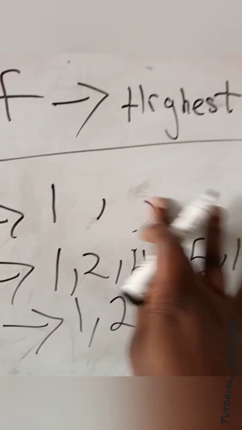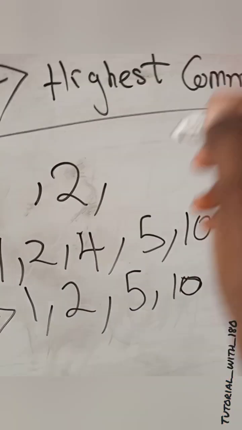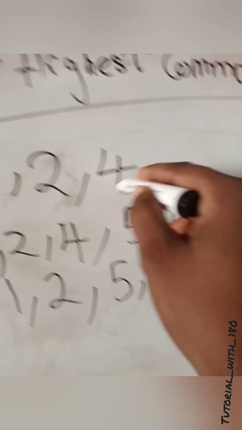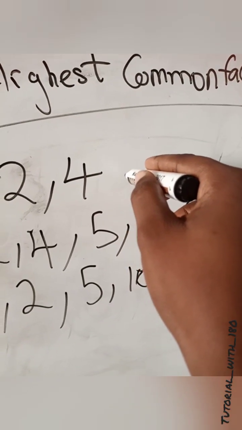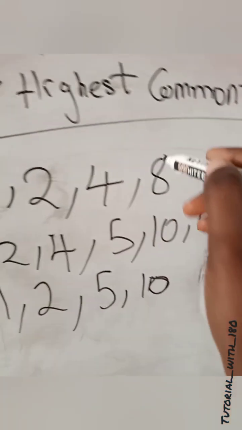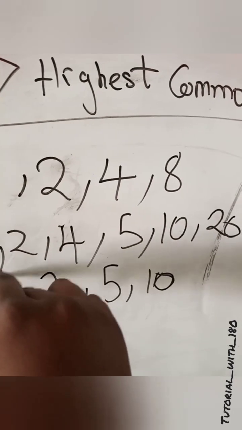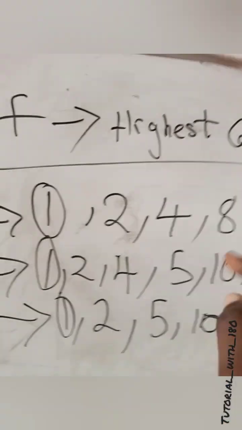I think we'll change this. Let's just change this to 8. If we make this 8, now we have it at 1, 2, 4, and 8. From here we can see that these are the factors. Now, how do we get the HCF, that is the highest common factor, in this tree?